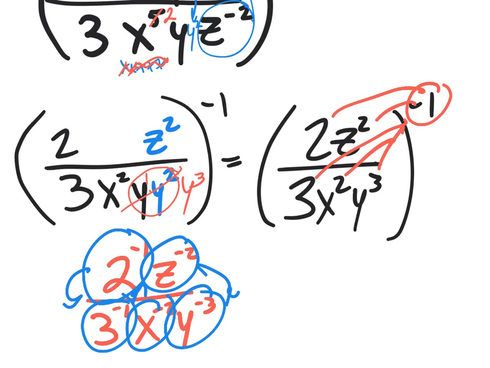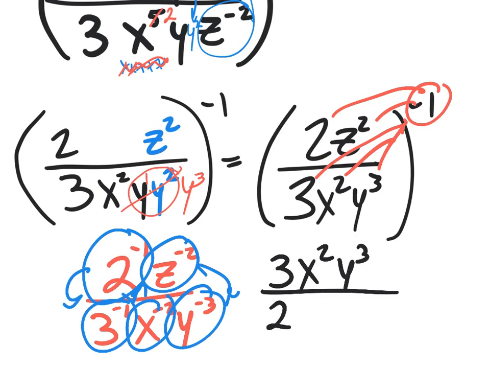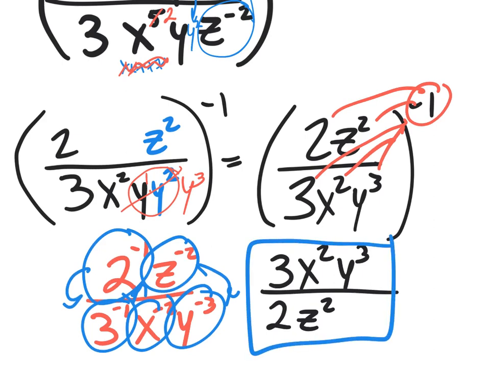So my answer will be 2 to the 1's on the bottom, 3 to the 1's on top. The x to the negative 2 that was on the bottom goes up to the top. The y to the negative 3 that was on the bottom goes up to the top. And of course, the exponents become positive. The z to the negative 2 that was up on top goes down, and it becomes z to the positive 2. And ladies and gentlemen, that is our answer.